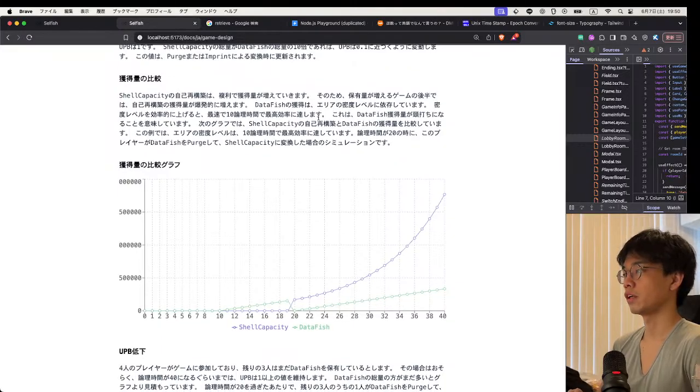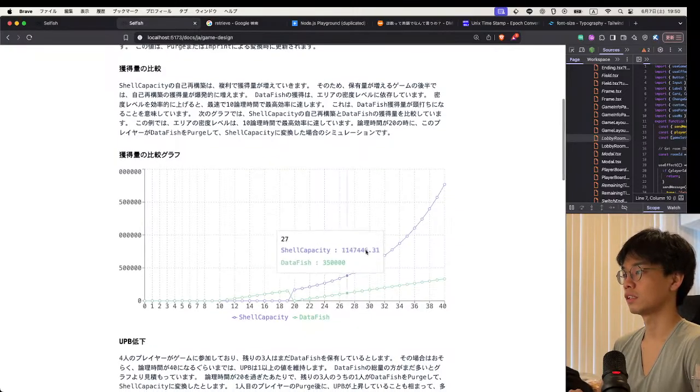At the end phase of the game, the player is likely to have a lot of shell capacity, so the increase from self recomposition is exponentially increasing, like this.